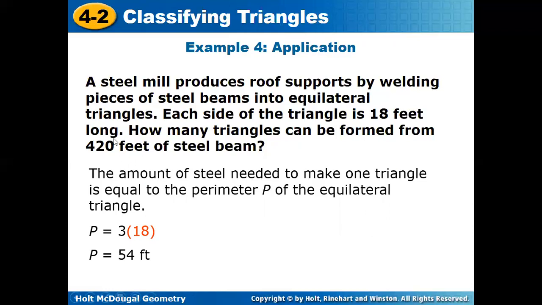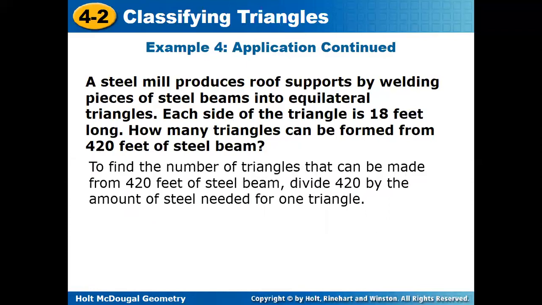What is the amount of steel we have? 420. So to know the number of triangles that can be formed, we will divide the total amount, 420, by the amount of steel needed for one triangle. So it will be 420 divided by 54, which is 7 and 7/9 triangles.